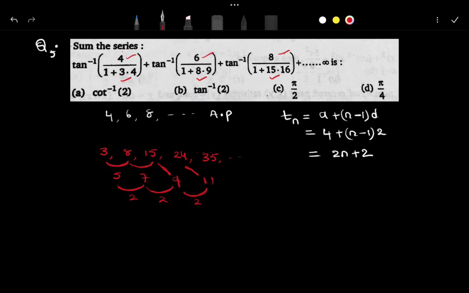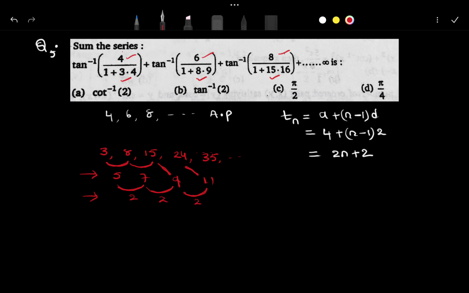So be very careful to find out this one. Actually, there is one method in progressions. In any series, when the common difference in the second time is the same, the first time difference of the successive numbers is 5, 7, 9 and 11, and this is the second time.